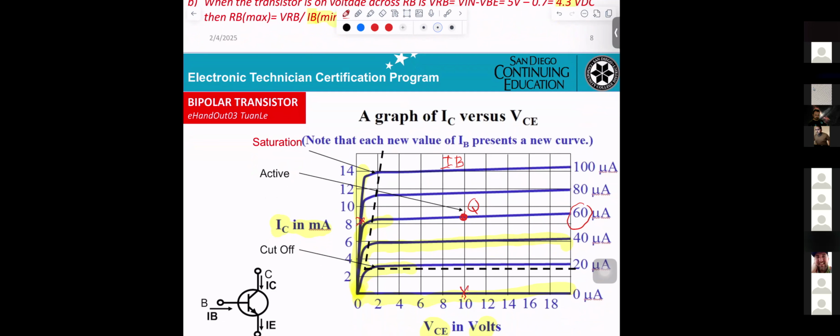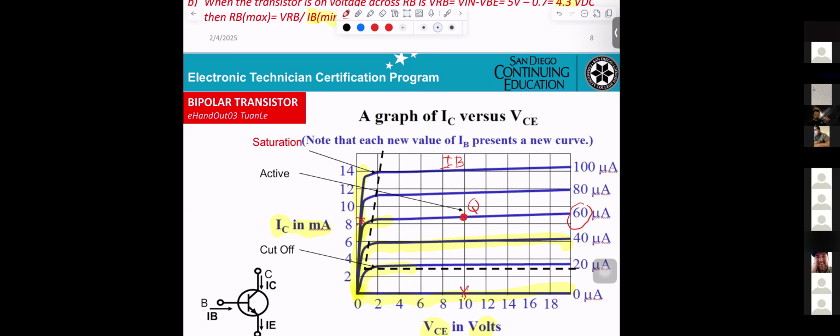So you get the current IC, IB, and VCE. That will help you to select the resistor to connect it to get the current you want.